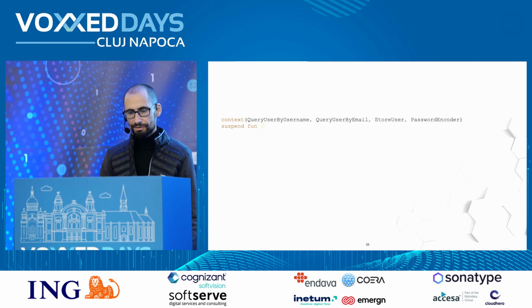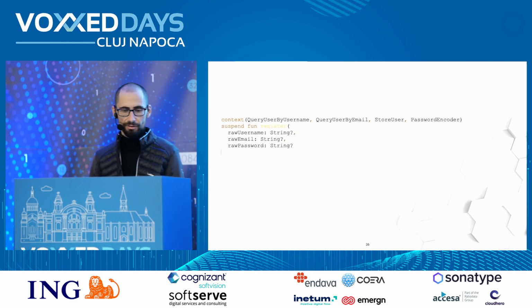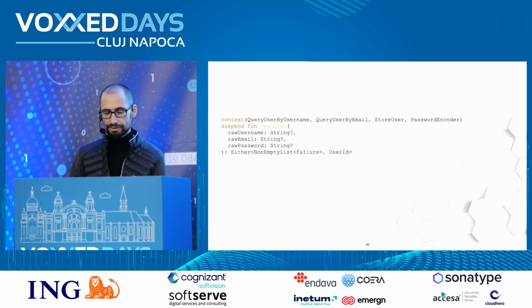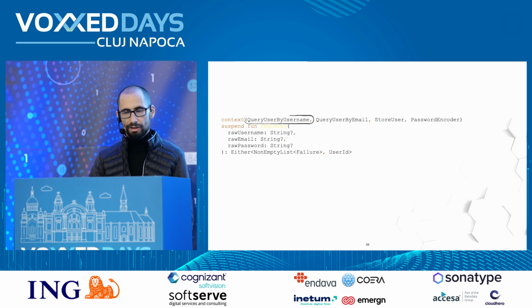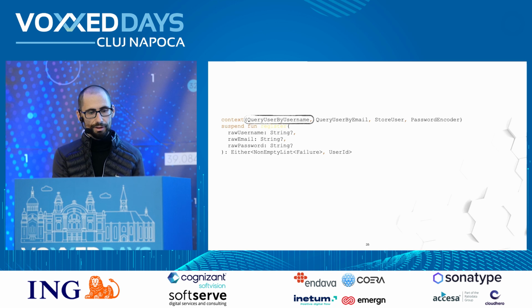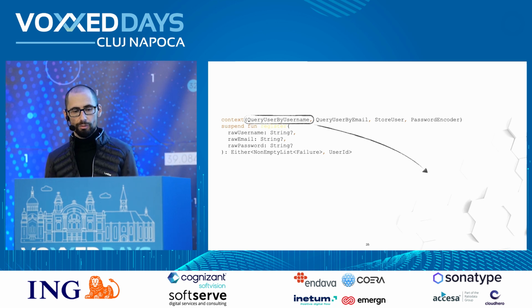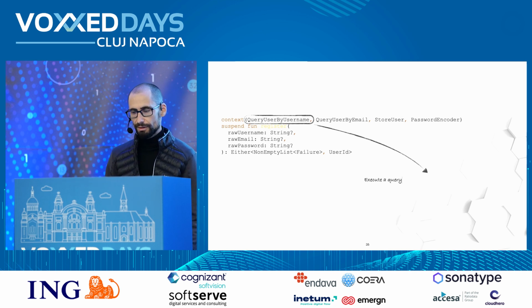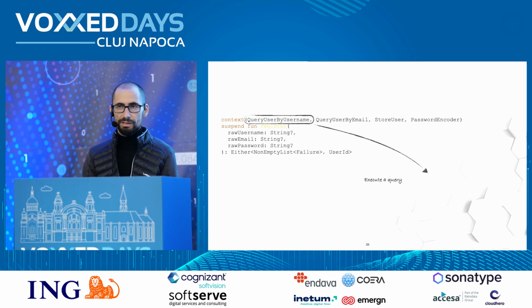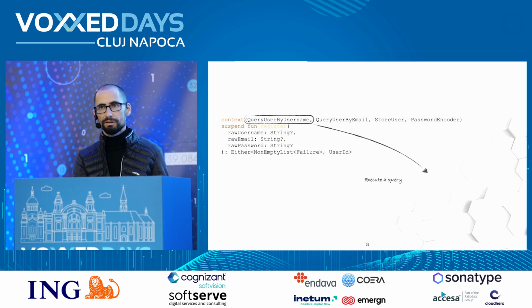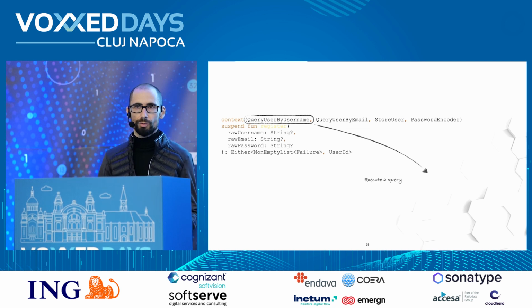So let's revisit our register function, now that it is using context receivers. And we see that the first type that we need to bring into context is query user by username. This is obviously going to execute a query to a database. It doesn't matter. So since we are using Spring, we want to take advantage as much as possible of the Spring framework. We don't want to fight it.